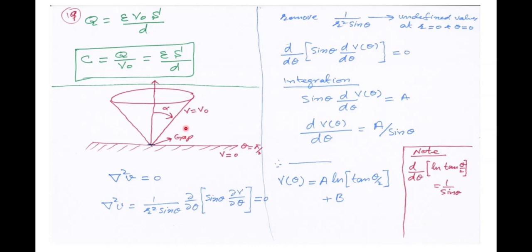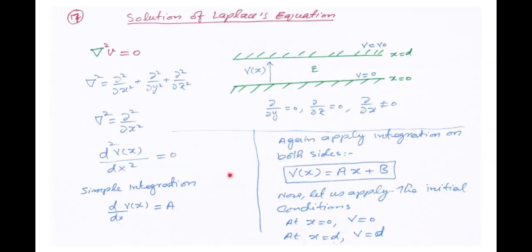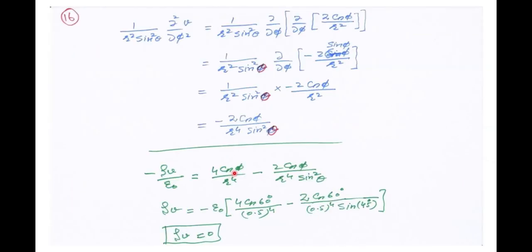The resultant function doesn't depend on phi variation, or on radial variation. So del squared V equal to 0, and as I told you how to expand del squared V in the spherical coordinate system, let me show you again.